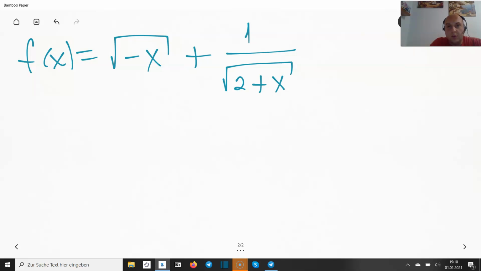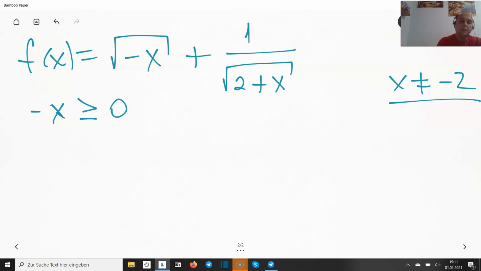First of all, we have 2 square roots, and then we have a fraction with a denominator. So first of all, x shouldn't be equal to minus 2. And then minus x should be bigger or equal to 0. That means if you multiply by minus 1, you can see it immediately, but if you do it algebraically, multiplication by minus 1 means you have to change the direction of the inequality.